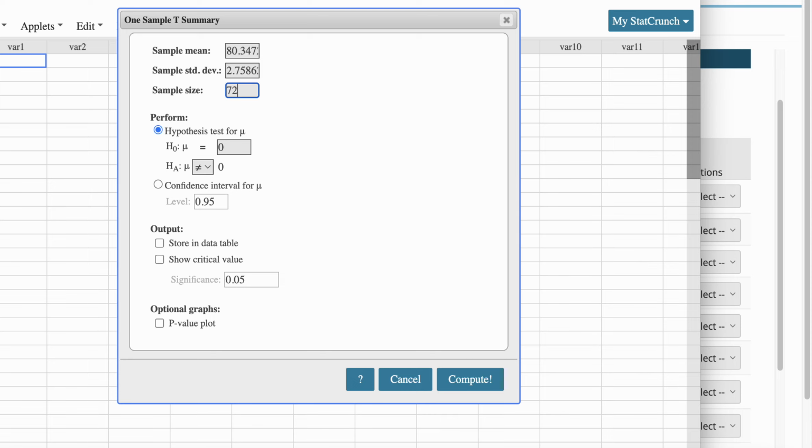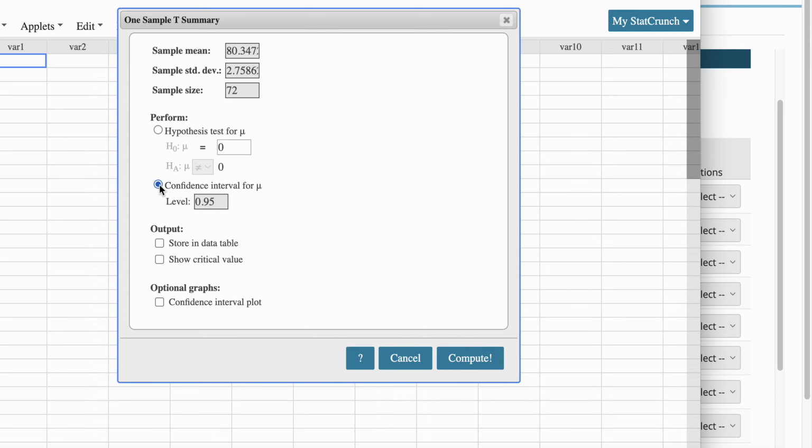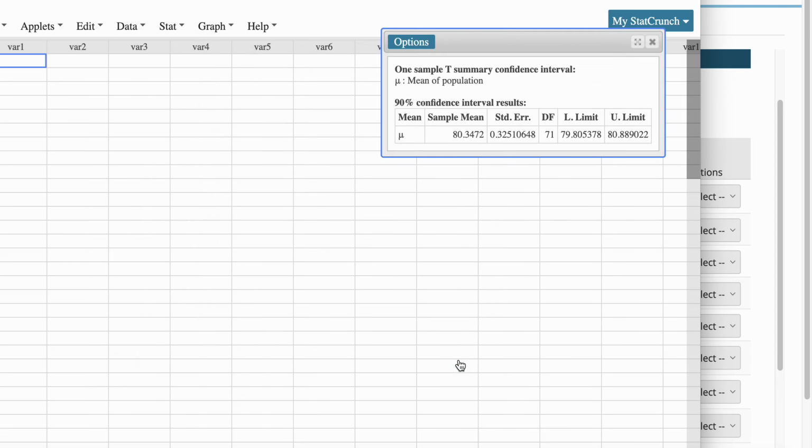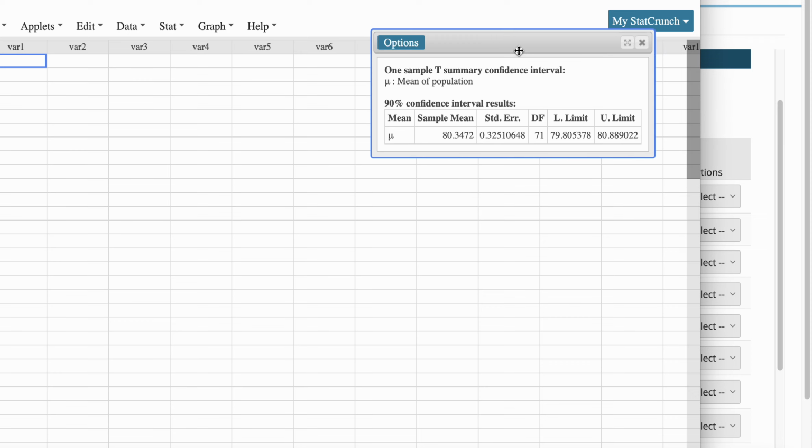This particular problem is not a hypothesis test. It's a confidence interval. They want us to establish a 90% confidence interval for the average percent of flights that arrive on time. And there we have it.